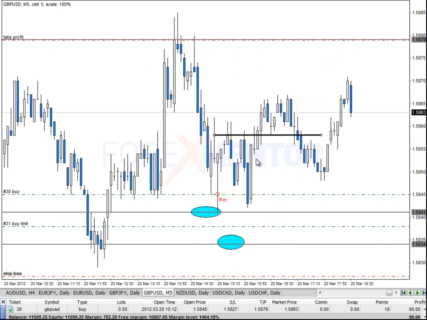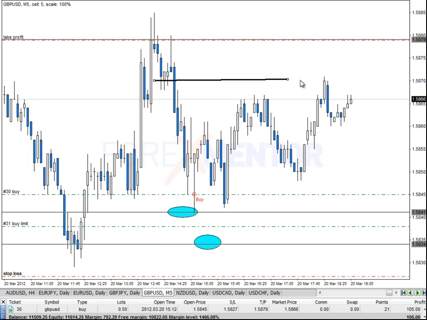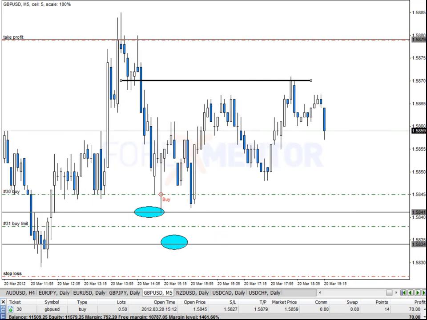Step this forward. See how price comes up, tests this block here on the left. See how it's rejecting here. So we're currently up 21 pips. Got a tiny little trend line here.